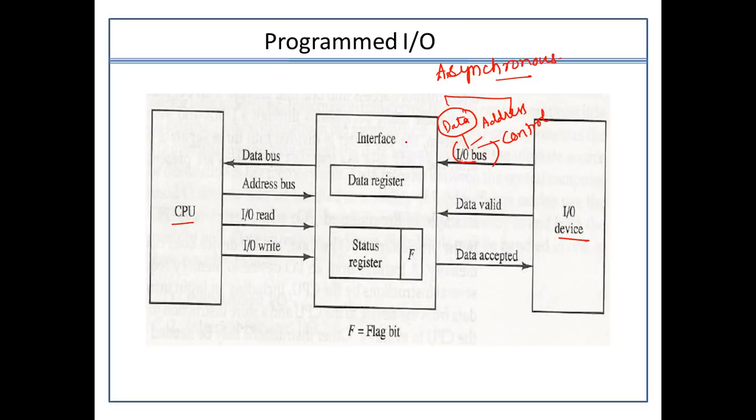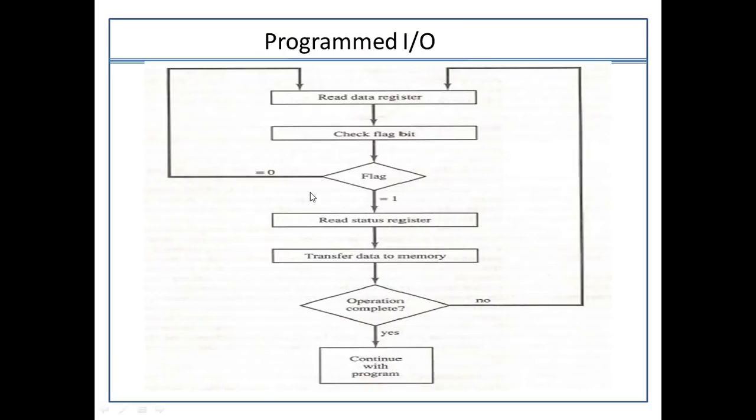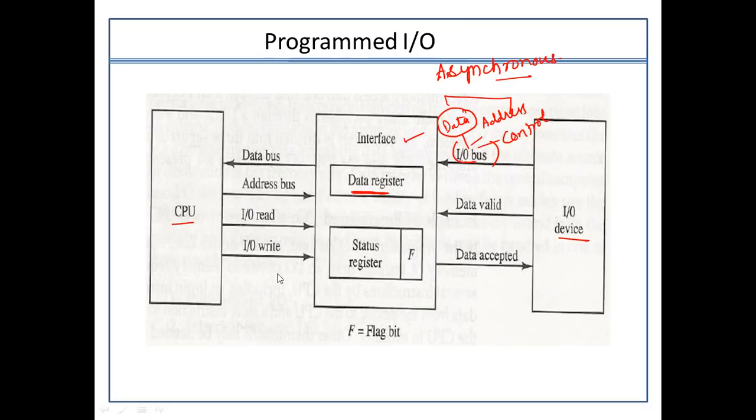Through the IO bus, it will reach the interface and get stored here in the data register. As soon as the data is placed in this data register or IO bus, the data valid signal will also get activated.